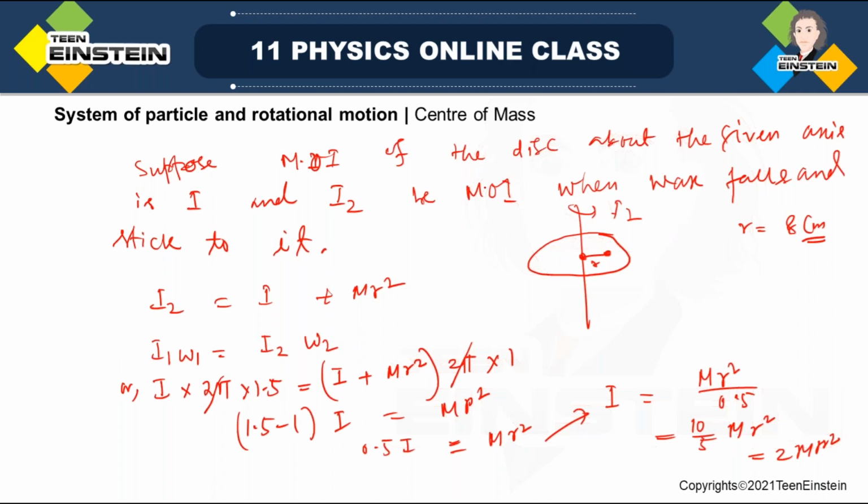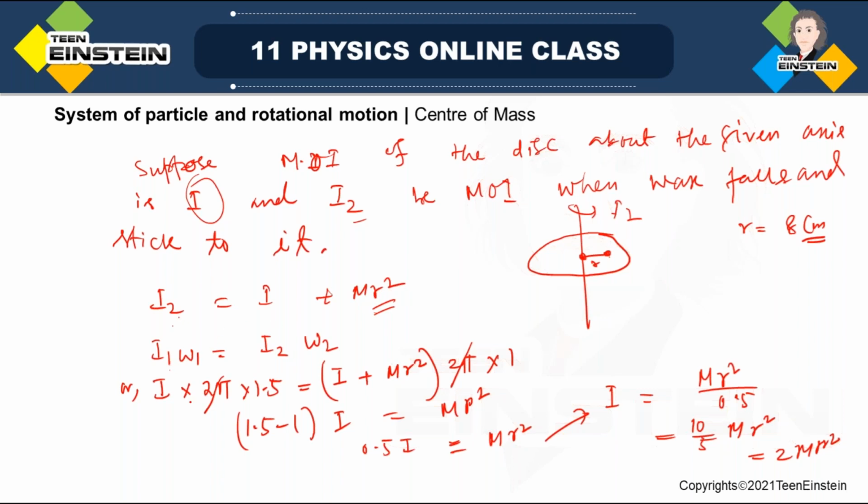We supposed that the moment of inertia of the disk about its own axis is I, and when the wax sticks at a distance r on the disk, its moment of inertia changes to I2. That I2 can be found using the parallel axis theorem, so I2 is equal to I plus m r square.